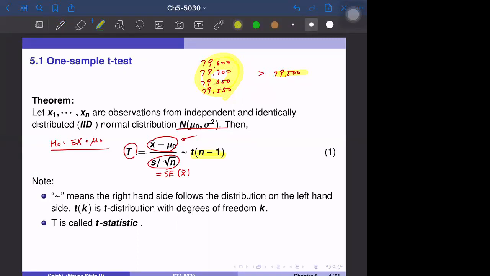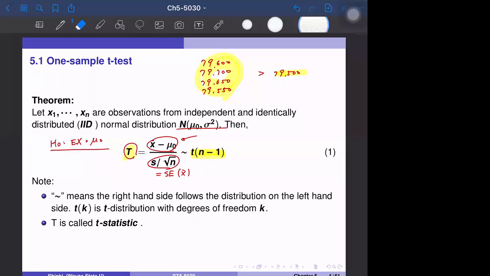So if the capital T is a really extreme value of the T distribution with df n minus 1, then we can say that H naught is unlikely, because if H naught is true, this capital T should fall in a typical range of the T distribution with df n minus 1.